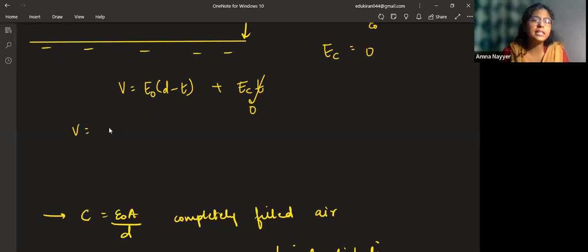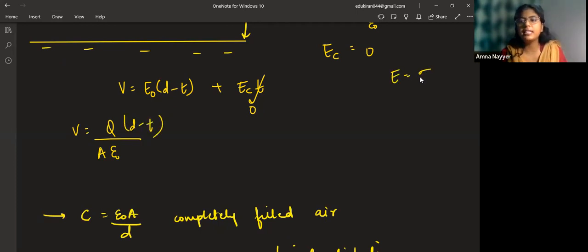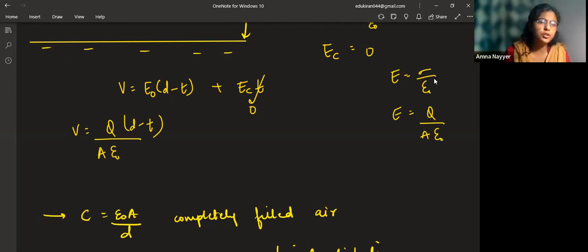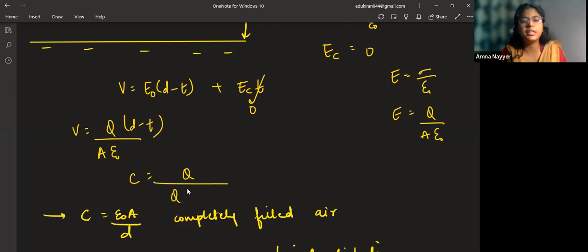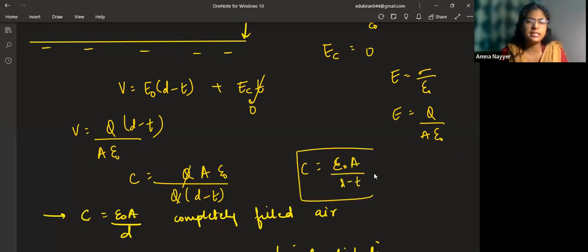You directly get q by A epsilon naught times d minus t as the potential, because electric field is sigma by epsilon naught, and you put the value of sigma as q by A. So when you write the value of capacitance, this becomes q divided by q(d minus t) by A epsilon naught. So q gets cancelled. Formula of capacitance becomes epsilon naught A by (d minus t). That's it.